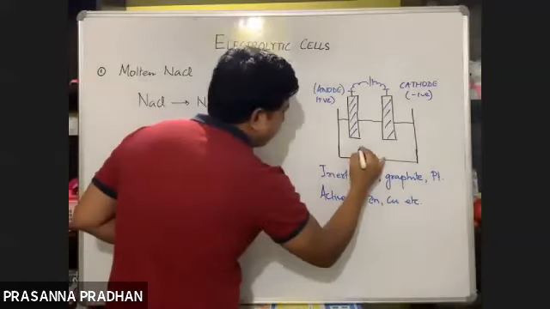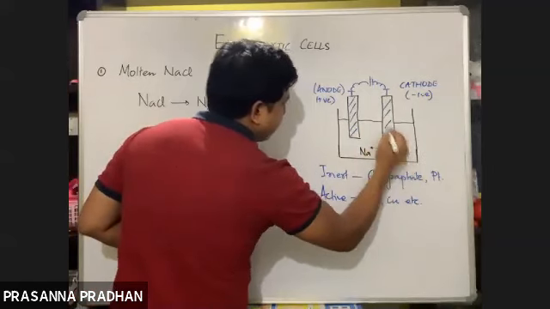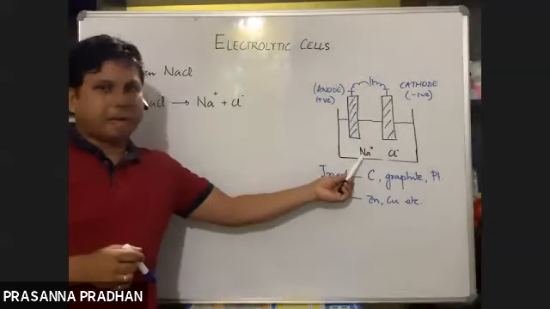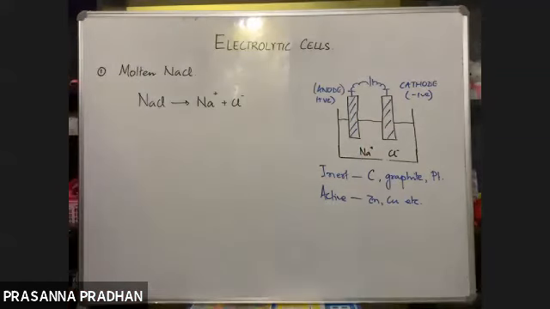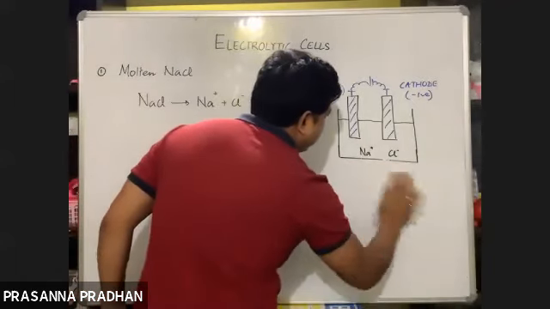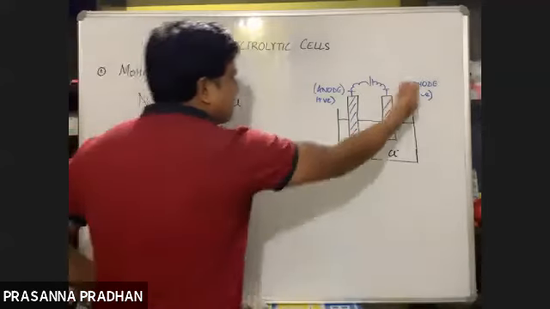So we have positive ions, cations, sodium, and negative ions, chloride. Where will the cations migrate? Anode is the positive electrode, cathode is the negative electrode. Ions migrate towards the opposite electrode.